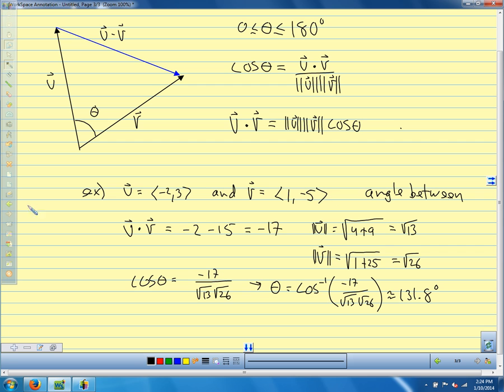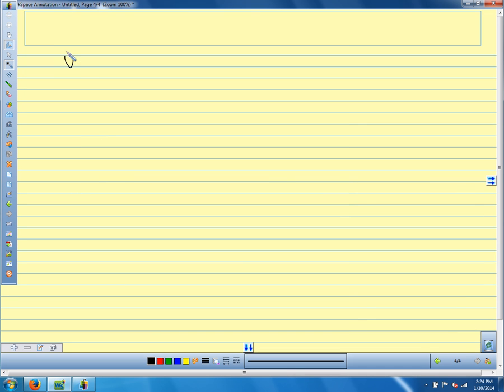All right, one last thing to talk about. I want to talk about this formula a little more. So let's write that up again. U dot V equals the magnitude of U times the magnitude of V times the cosine of the angle between.